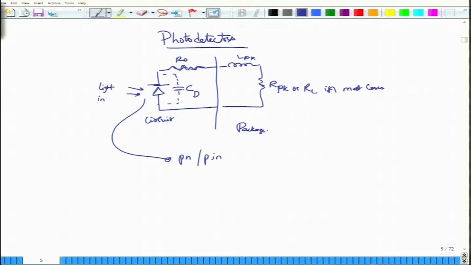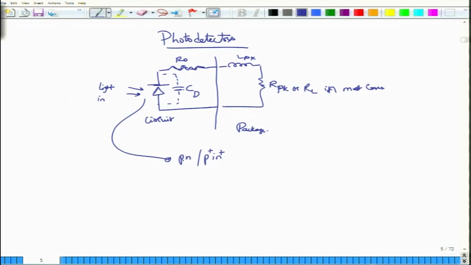Otherwise you can of course also use a simple PN junction, but these are not that efficient. So, you add an extra layer of I junction. Technically this should actually be called P plus, I, N plus, because the region surrounding the intrinsic region will be doped very heavily, so that the depletion region actually extends far into the other side as well. We will see why that is so.